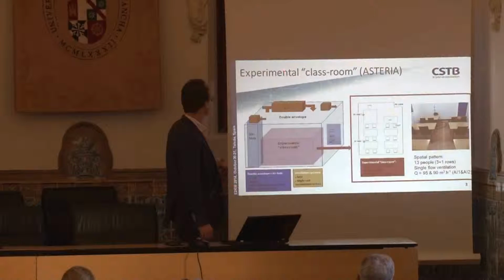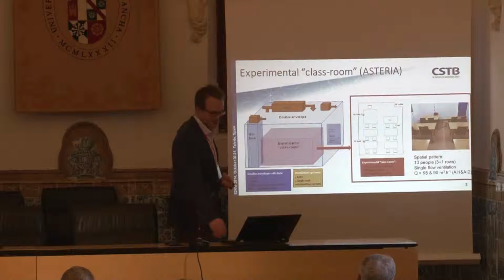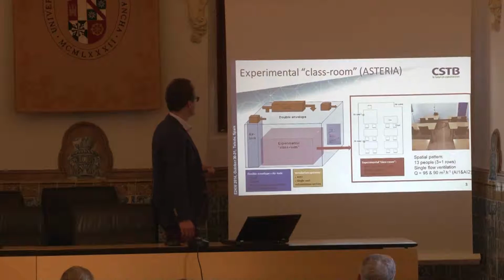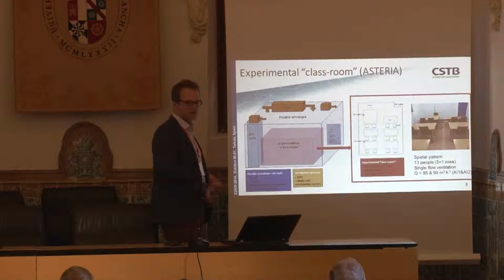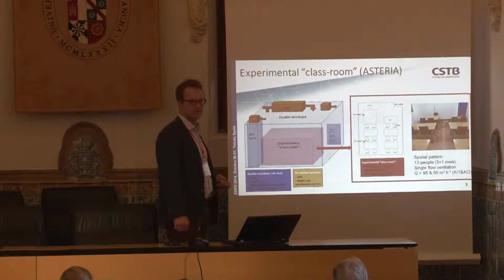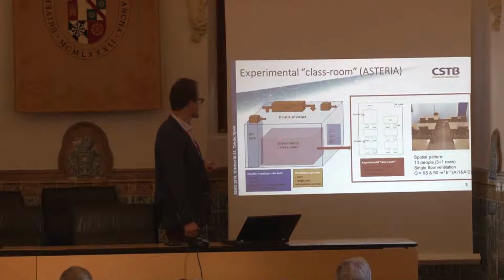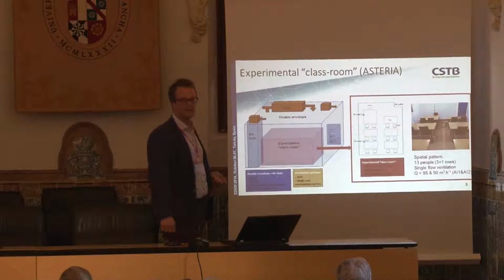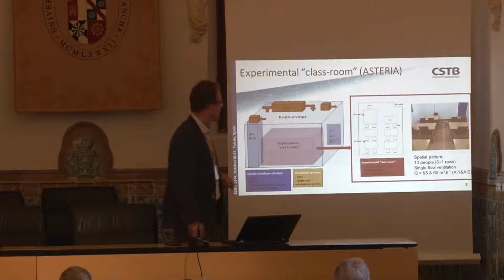Here you can have a look on this slide at the experimental classroom to study indoor environments. As I mentioned before, we collaborate with the Center for Research on Buildings, and they developed in 2008 such an experimental volume, which is about 90 cubic meters.